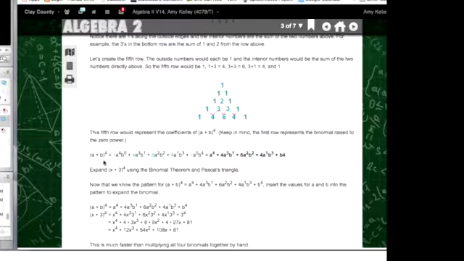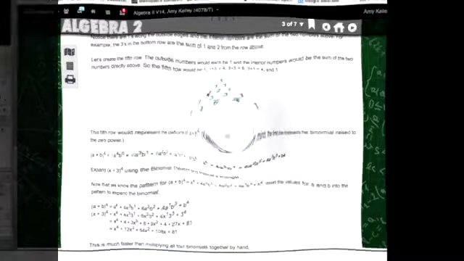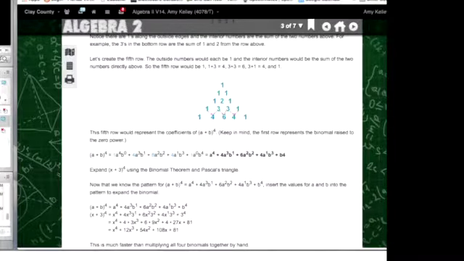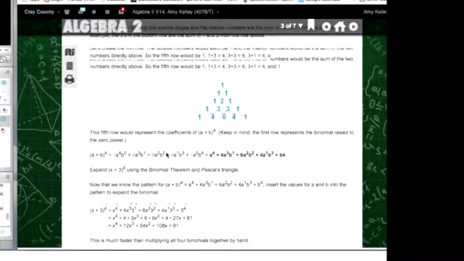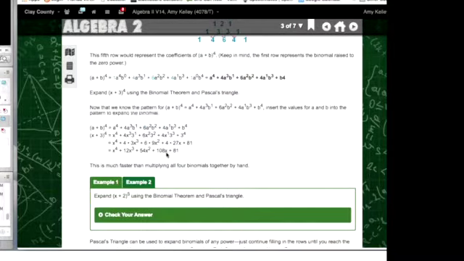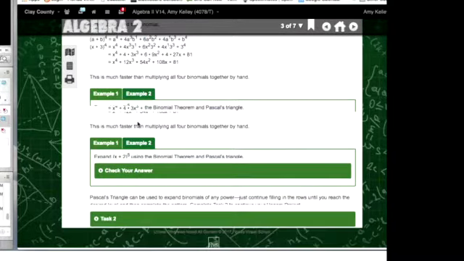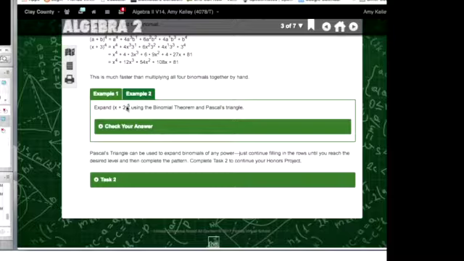Now, I know this is a plus b raised to the 4th power, but it's actually, here's row 1, row 2, row 3. Right. So if it's the 6th row, you're actually raising it to the 5th power, okay? So as you can see right here in this example is being raised to the 5th power. So which row would you look at?